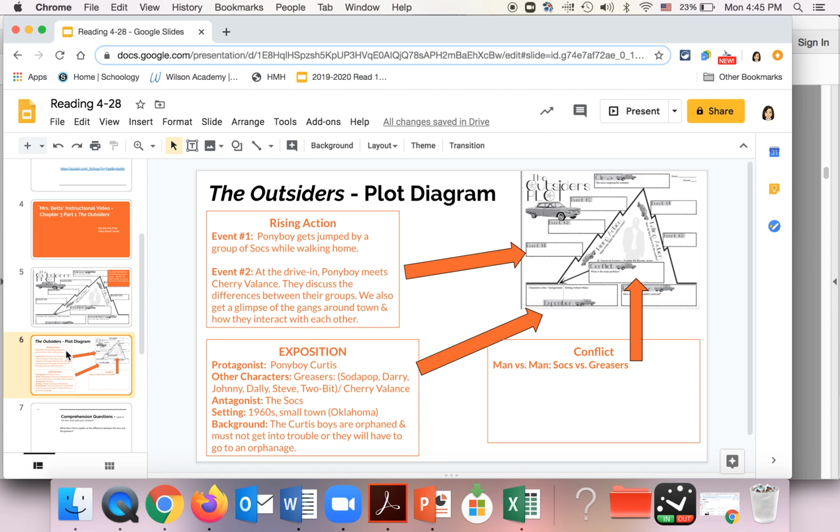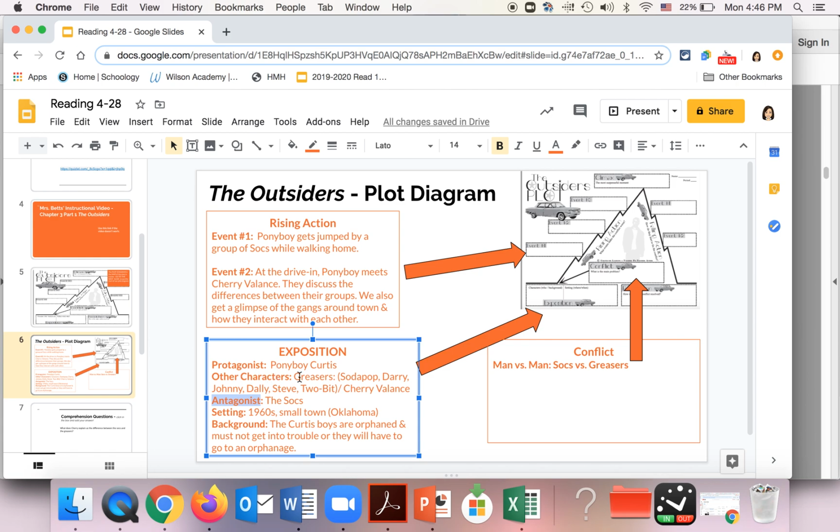Going back off of Chapter 1 and Chapter 2, which you finished yesterday, we're able to start our plot diagram. So we have our exposition, a few points on our rising action, and then we do have one conflict noted. Our protagonist is our main character of the story, and the protagonist in the story is Ponyboy Curtis. The antagonist, or the person or force that goes against the protagonist in this story, is the Socs.